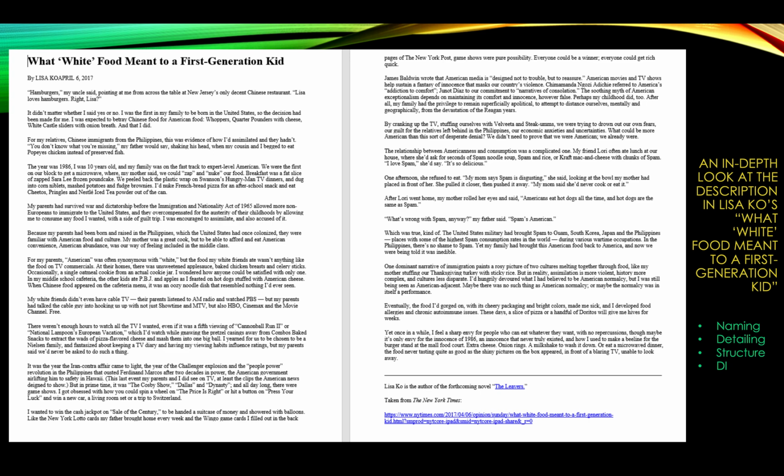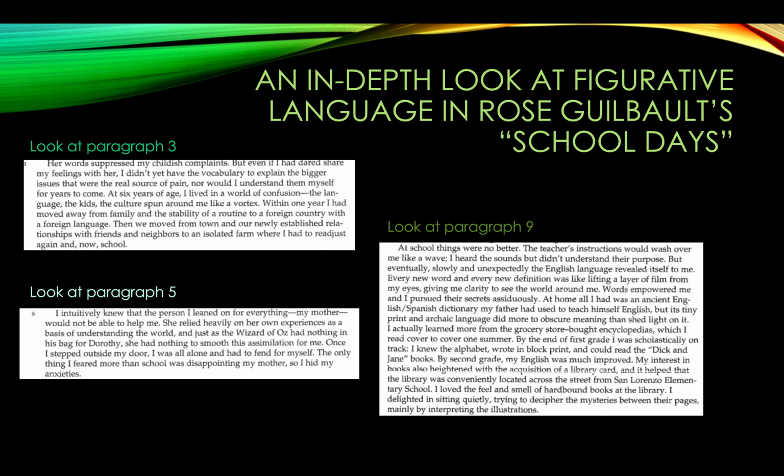So we'll go on and we're going to move on to this is School Days, and I've just snipped out a couple paragraphs here, and I love this essay so much. Her writing is beautiful. It's fantastic. So I have paragraph 3, and I want to talk about this simile right here.